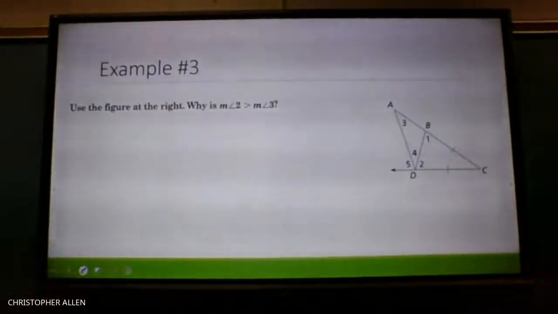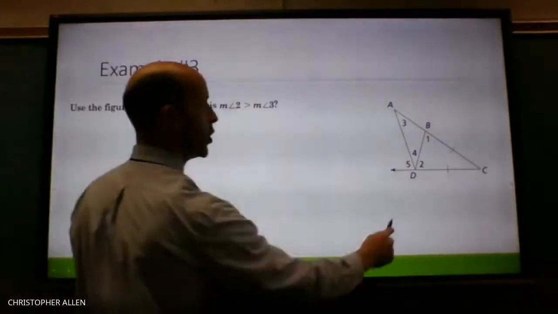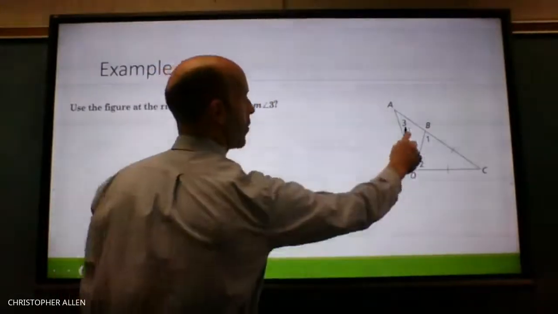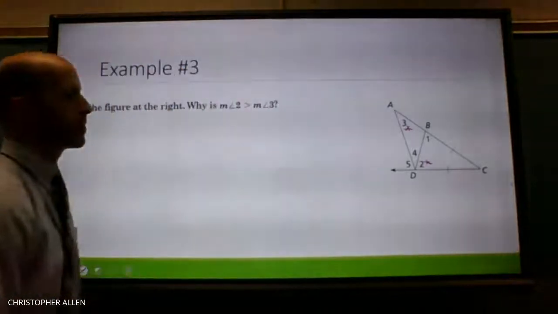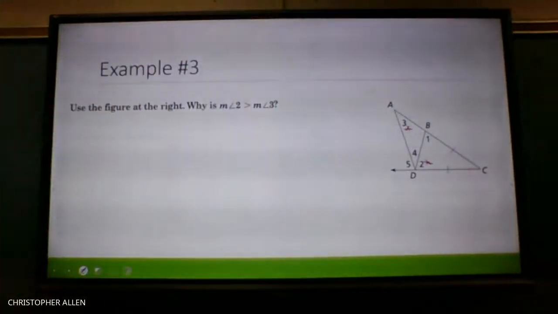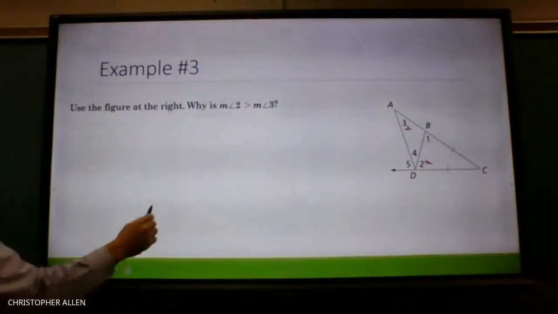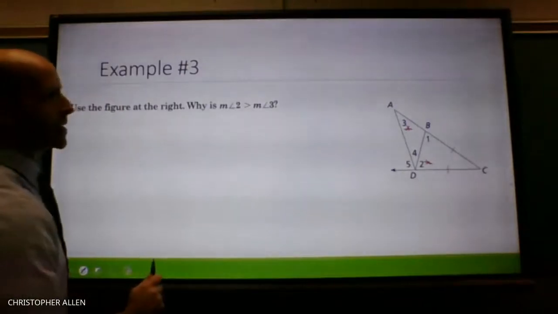Okay, let's look at this problem. It says use the figure at the right. Why is angle 2 greater than angle 3? So we're talking about this angle here and this angle here. I'm just going to work this one out; hopefully you guys can see that okay.